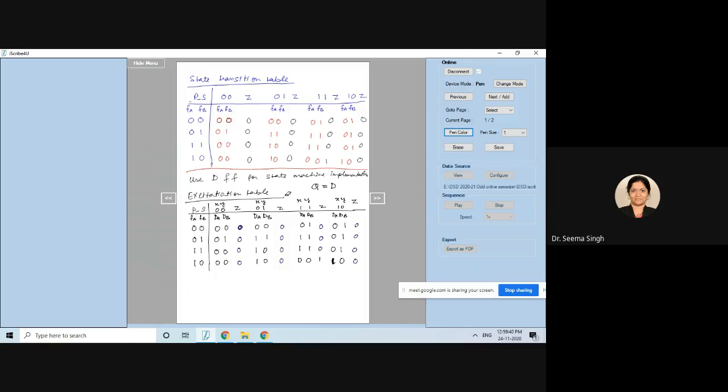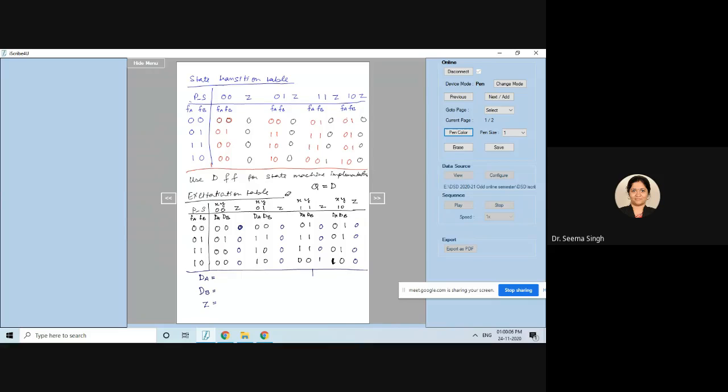The first excitation variable is DA, the next excitation variable is DB, and for the output I have to write the decimal notation, the minterms of all these three.